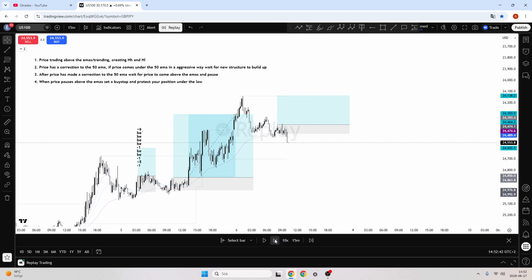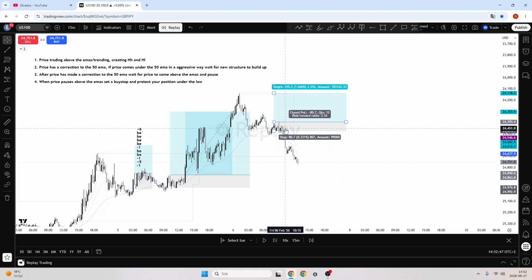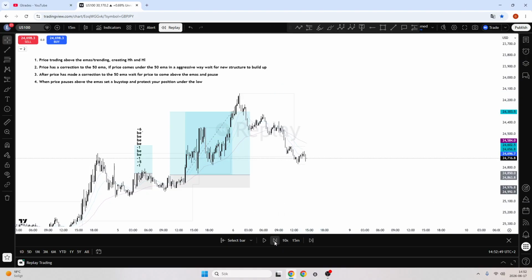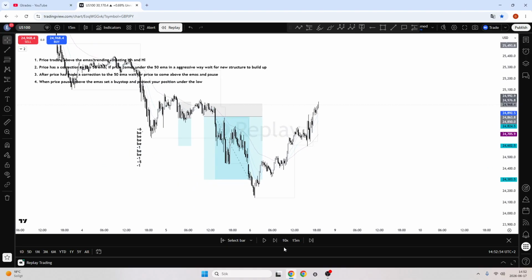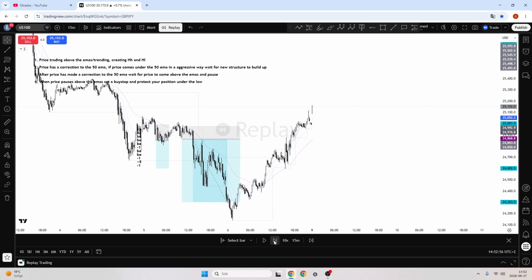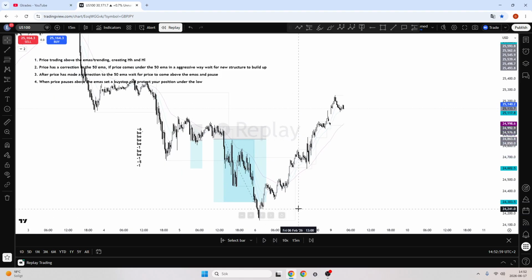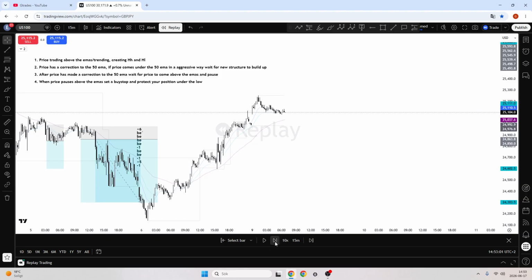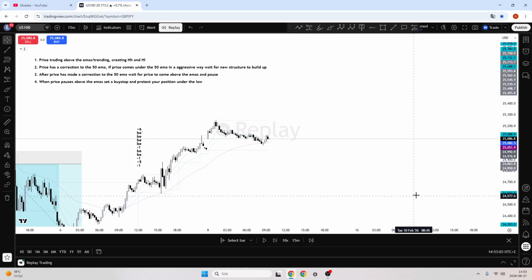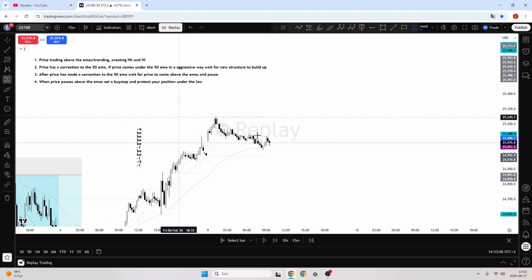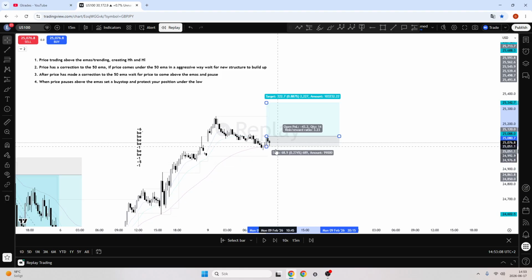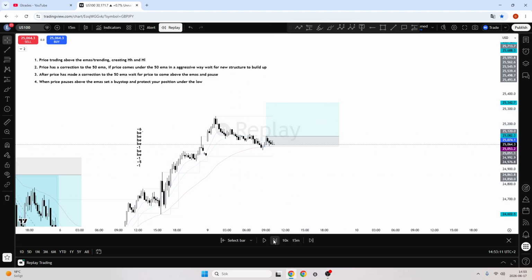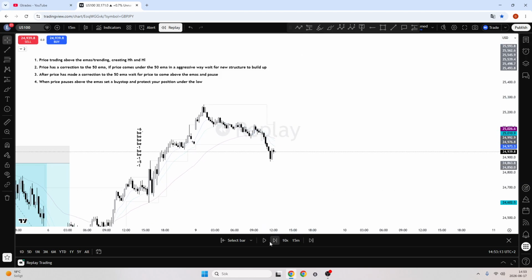I think this might, never mind, we got bought up. Let's wait for a flush now to the 50. A very good pass here actually, and a very nice sell-off to the 50 MA. But it has failed the 50, so we'll wait for a new structure.